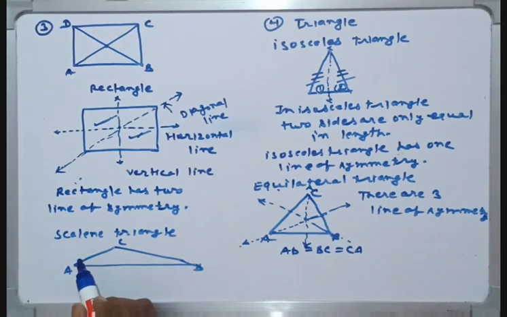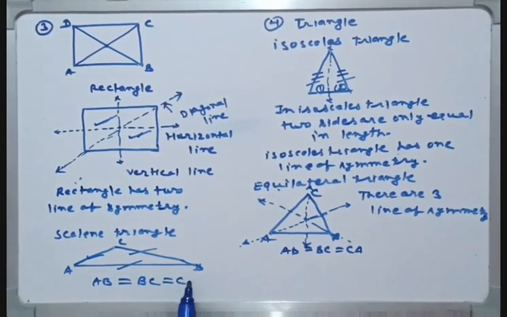Why? Because in a scalene triangle no sides are equal in length. Okay, that is AB, BC and CA.